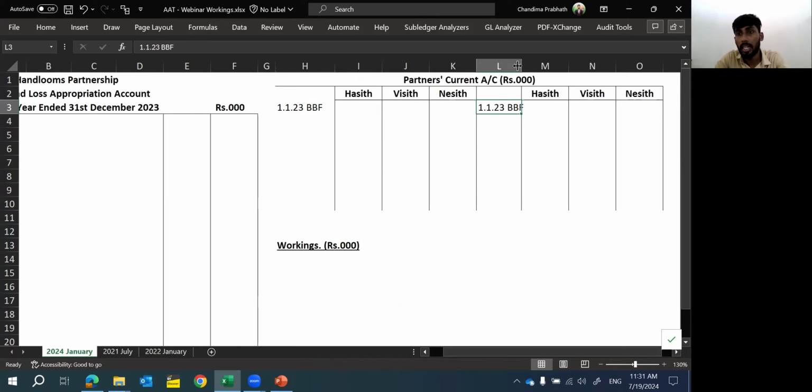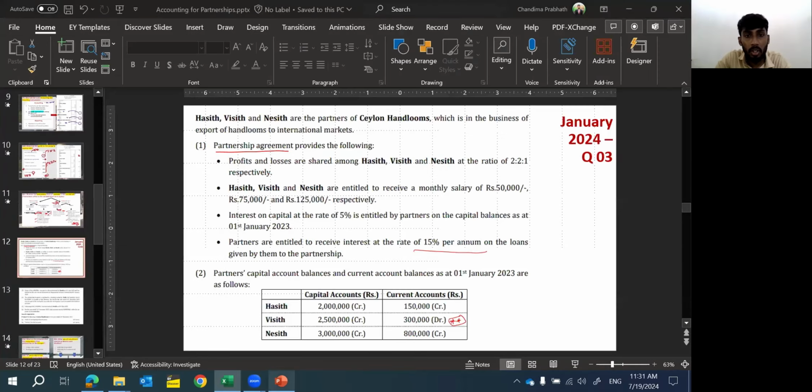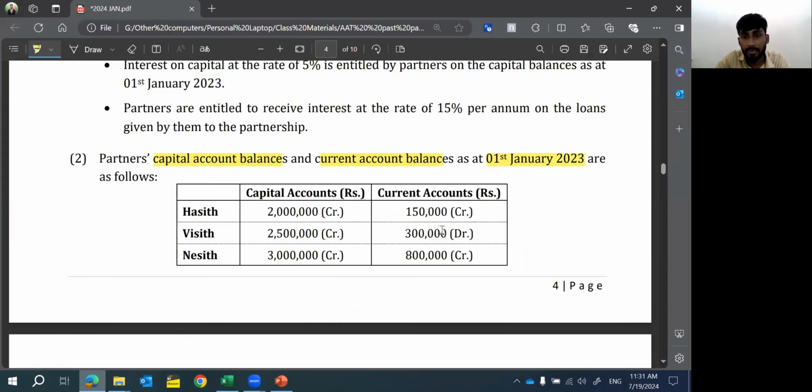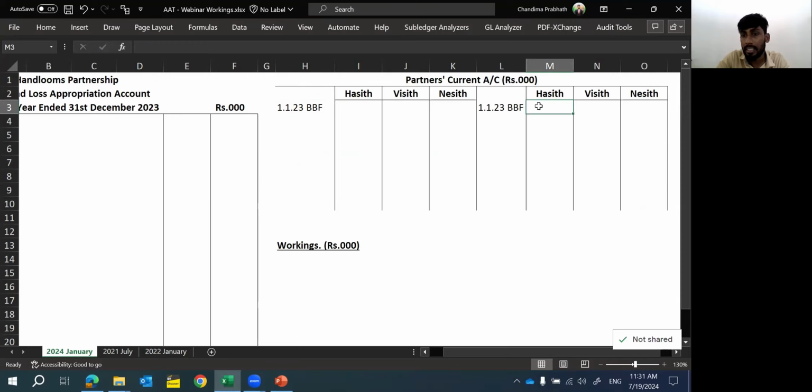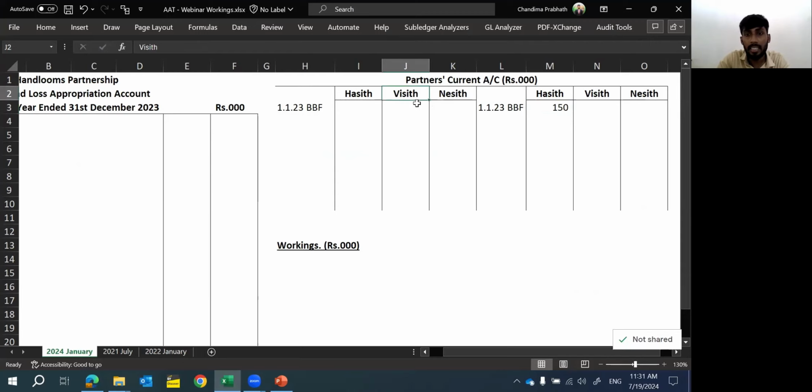Here I am putting it in both sides. Hasit has a credit balance of 150. Then Visit has a debit balance of 300.